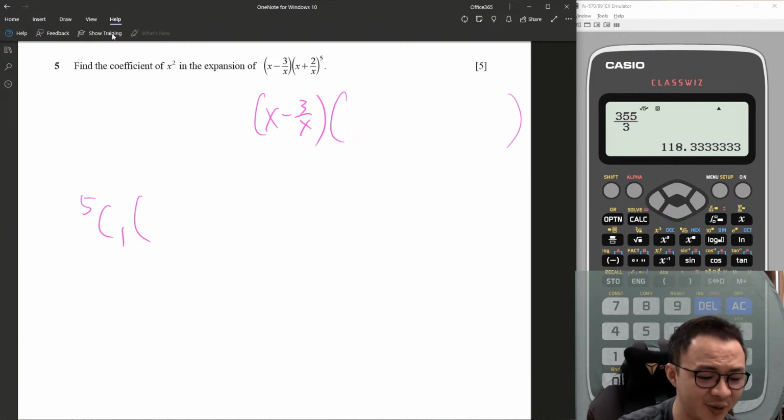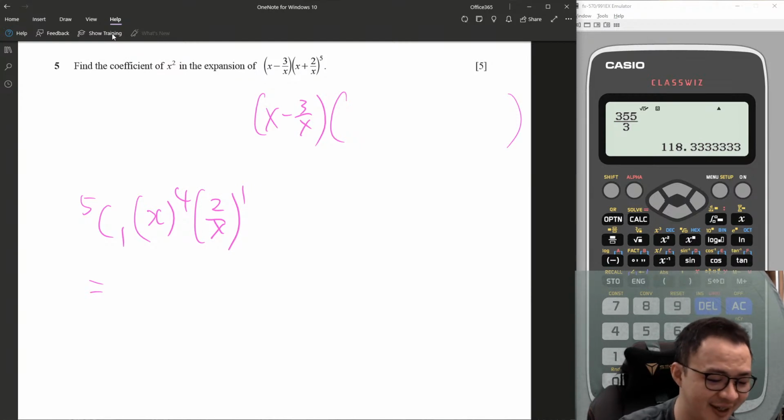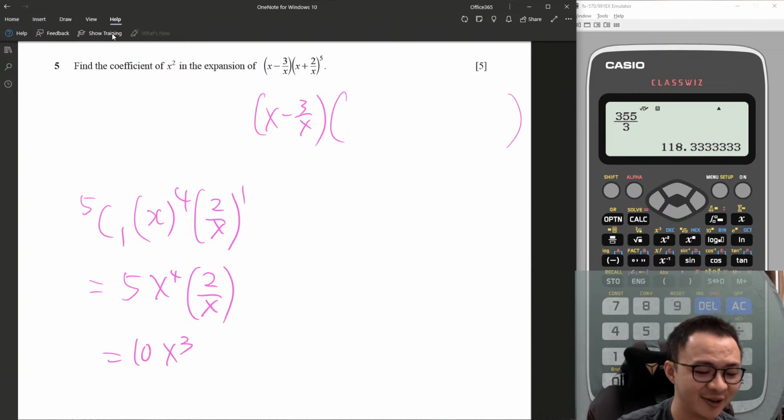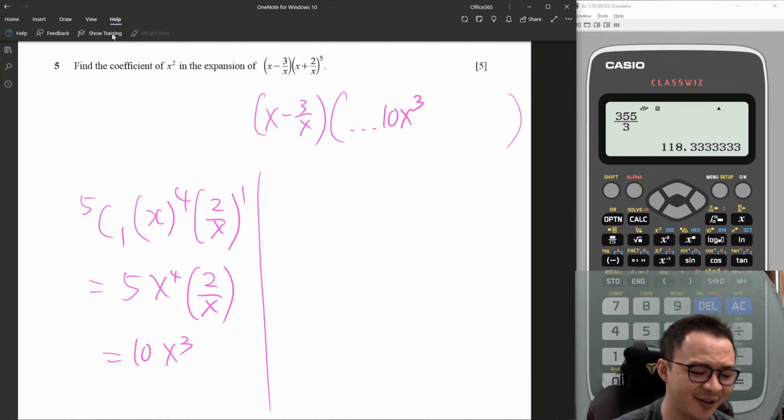So 5c1, this one will be x power of 5 minus 1, 4, and then 2 over x. This is power of 1, isn't it? So if I expand it, I basically get 5 x power 4 multiplied by 2 over x. So basically 10x power 3, right? So yep, I got one of the terms, which is 10x power 3, which is what I want here. And then if I'm doing 5c2, is it good? 5c2 here is 3.